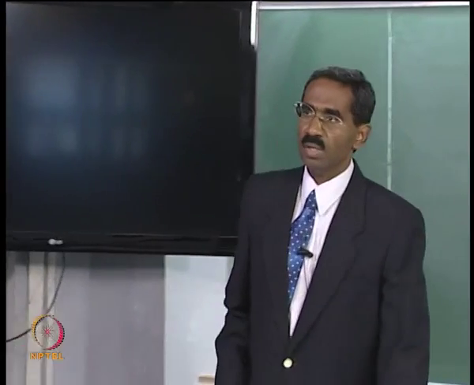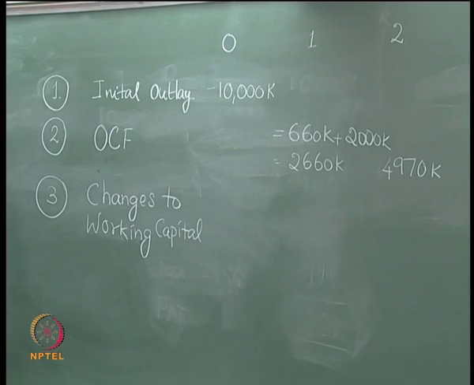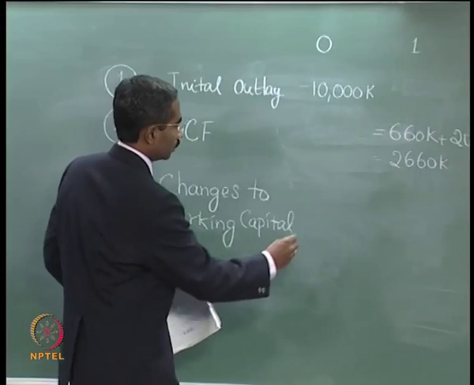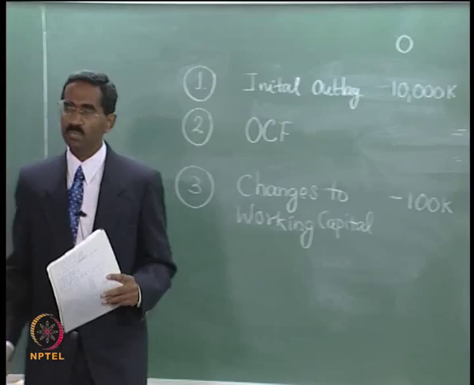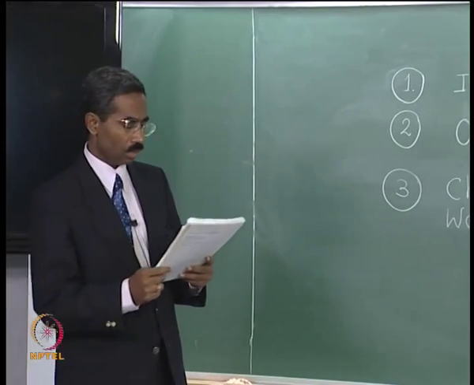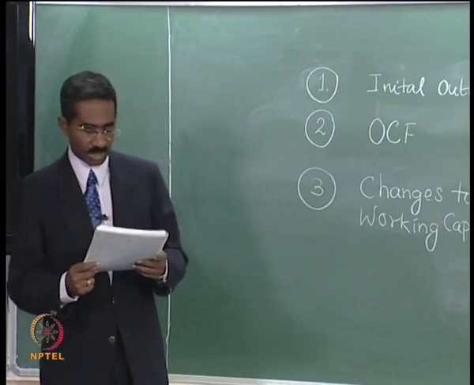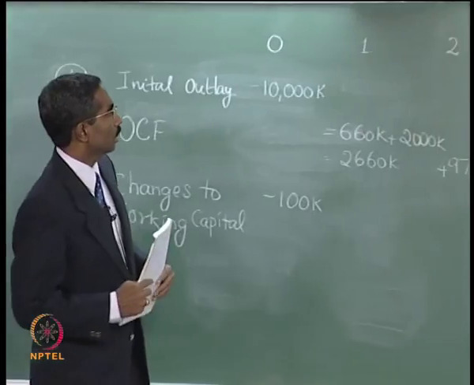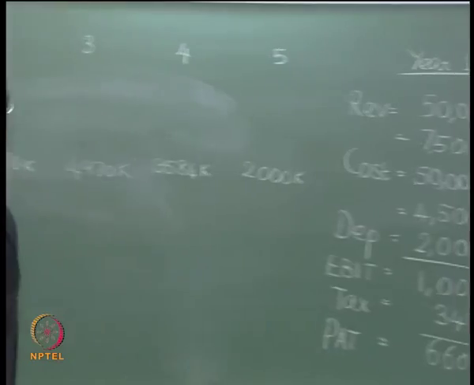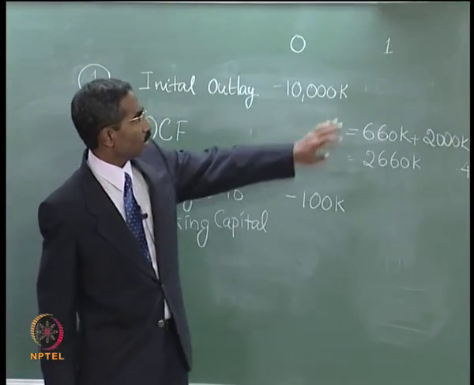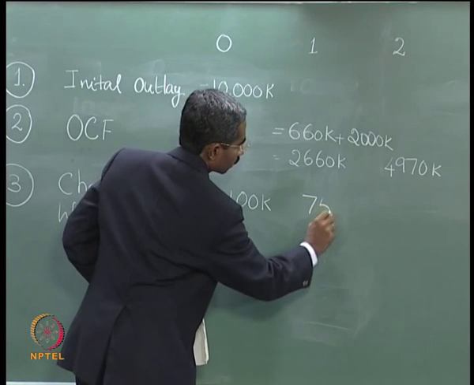So, changes to working capital are nothing but, initially we will have to incur an investment in working capital of 100,000, and then for every subsequent year the working capital investment is 10% of sales. So, for year 1 if you look at it, the sales is 7.5 million, and therefore working capital investment in year 1 will be 750.